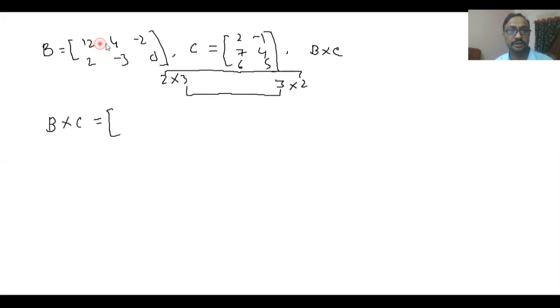We'll take the first row and multiply the first column. Then we'll take the second row and multiply the first column. Then we'll take the first row and multiply the second column, and the second row and multiply the second column.